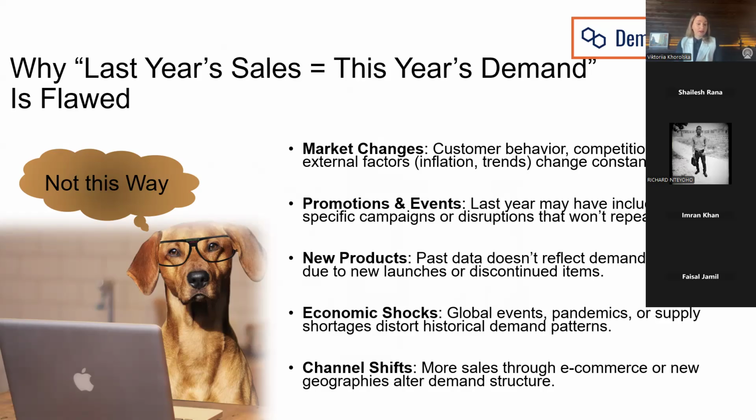We have economic shocks, so unexpected events from different countries that can affect the total supply chain, the global supply chain. And we have channel shifts. So some items were in e-commerce, or you have shifts in the geography, or something else.